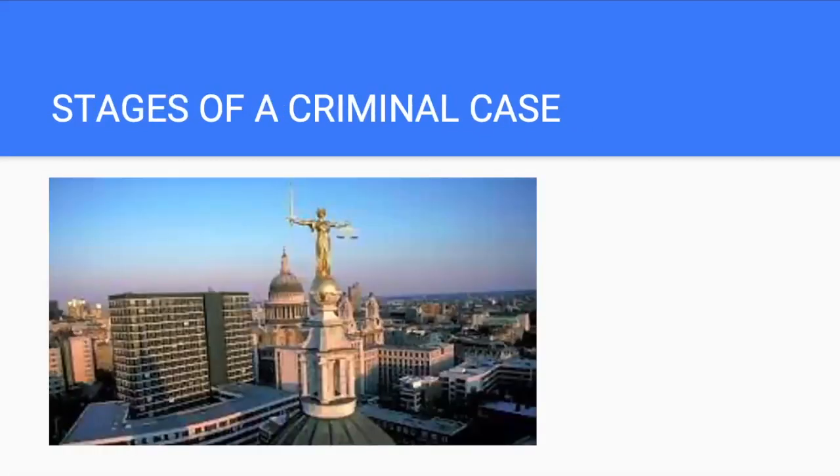Now, let's turn to the stages of a criminal case. Now, this is an overview. Where proceedings were commenced by the issue of a written charge and a requisition requiring the suspect to attend court, the procedure established under Section 29 of the Criminal Justice Act 2003, counsel is likely to attend only for the trial itself.